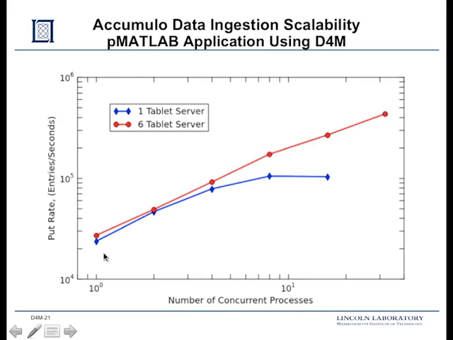As you can see, there's not a huge difference at the small end, but eventually the one tablet server database levels off, while the other one keeps on scaling. And so this is very tricky. If you want to get these kinds of results, you have to be aware of both of these parameters in order to really understand what you're doing.